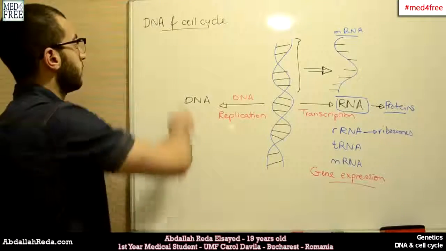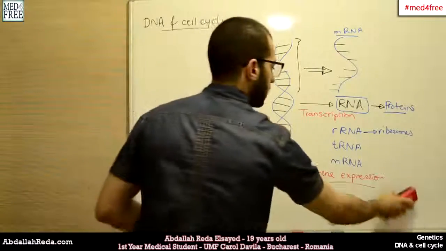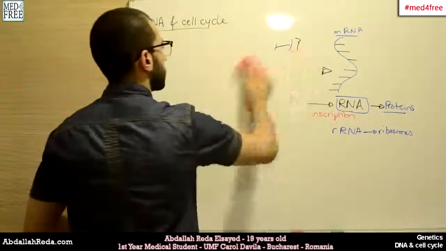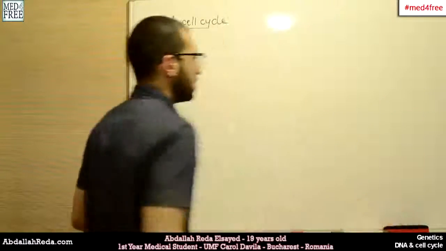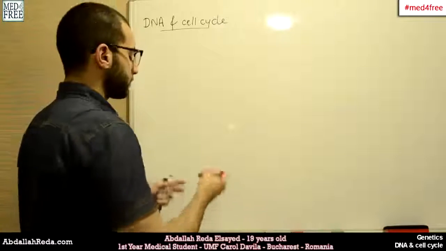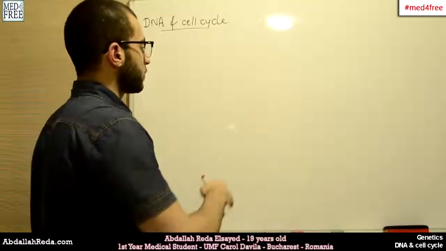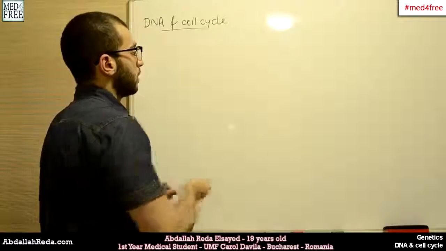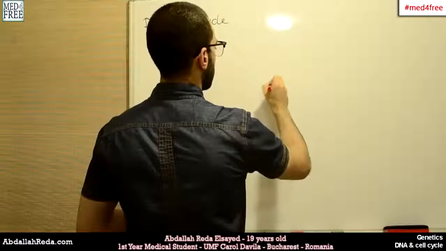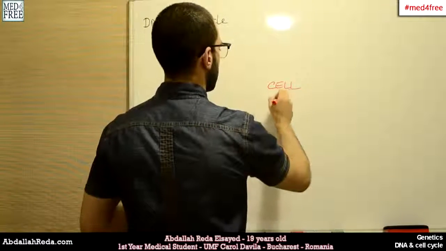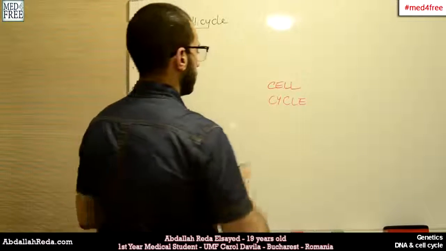Now, we talked about the DNA. What about the cell cycle? The cell cycle is a cycle that expresses the stages throughout the cell's life. So this is the cell cycle, like that.